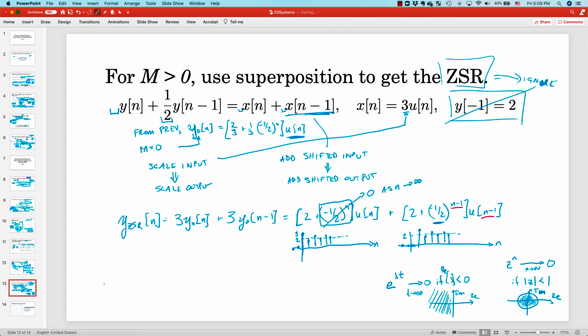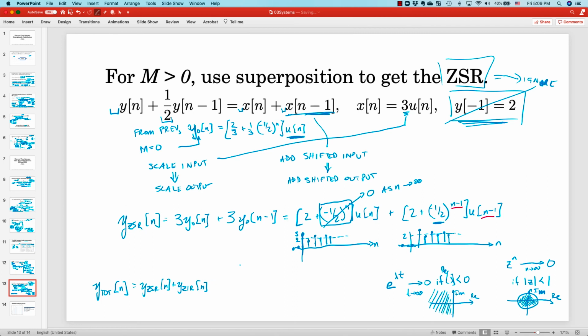Okay, so to finish this example, the total response would be the sum of the ZSR we just computed on this page and the ZIR that we had from earlier in lecture, because this initial condition was the same from earlier in lecture.